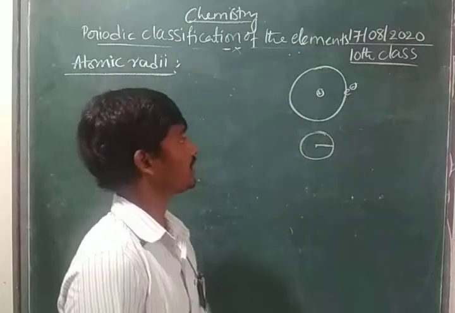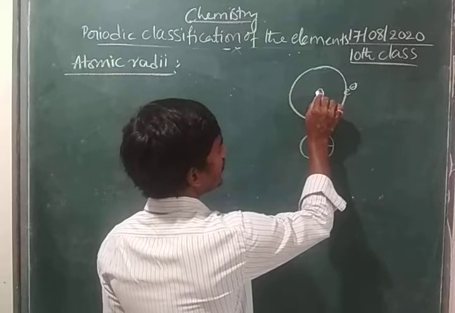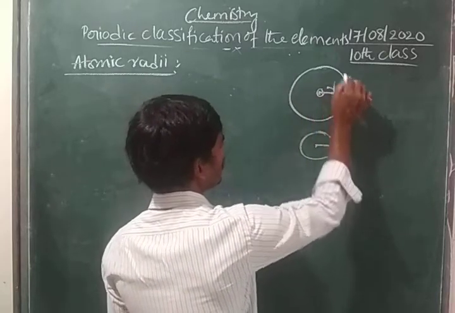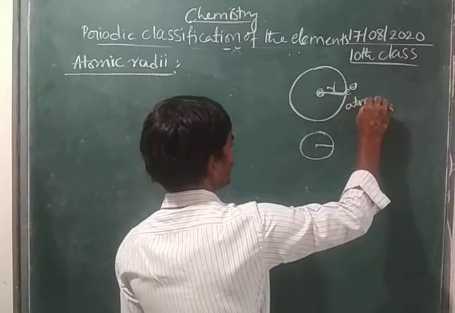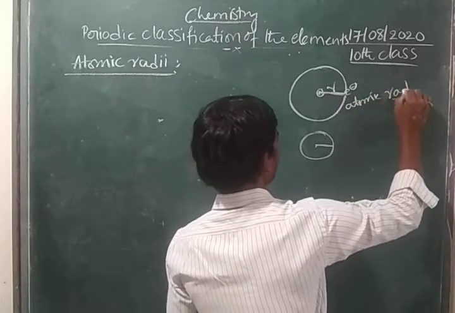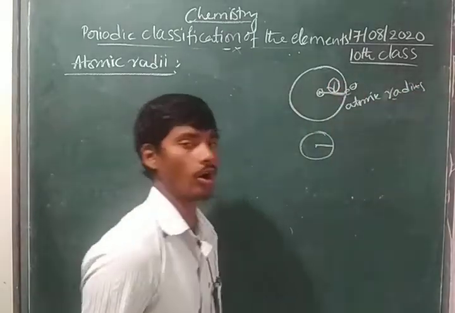But here, the distance from the nucleus to where the valence electron is present in the atom is the atomic radius. We represent the atomic radius with the letter R.